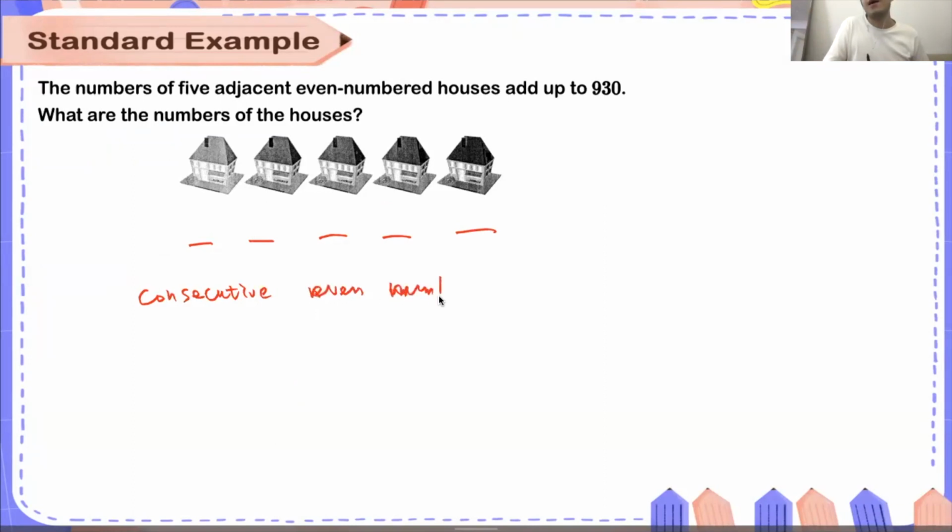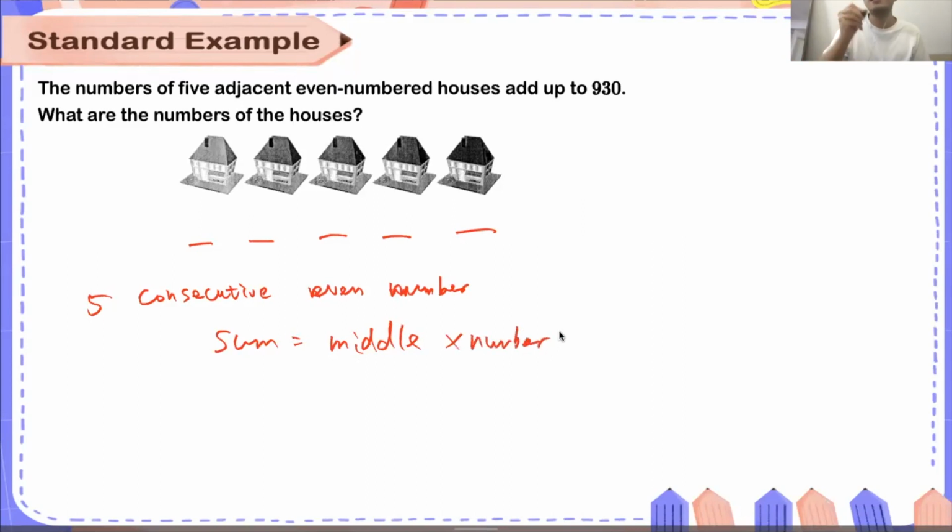If we have 5 consecutive even numbers, that means we have an arithmetic sequence with all terms. We can use our method. Sum is middle number times the number of terms.